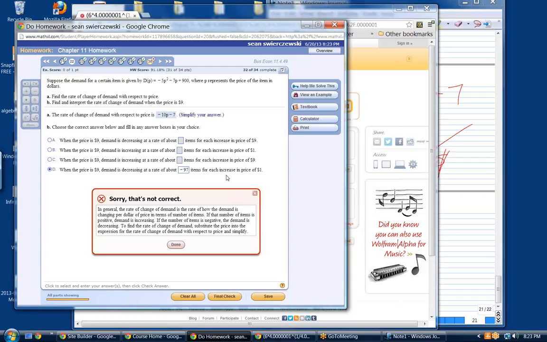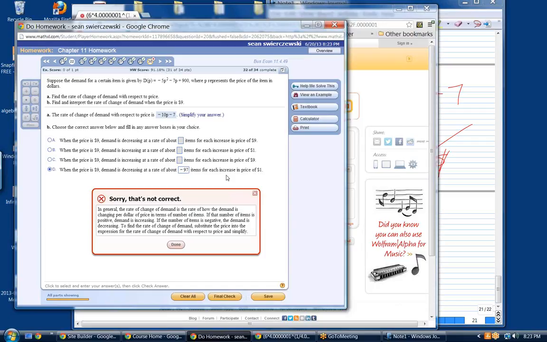This is not that hard. It's just been a while since I've looked at this. So first of all, is demand increasing or decreasing? Demand's going to increase when you lower the price, and it's going to decrease when you increase the price.